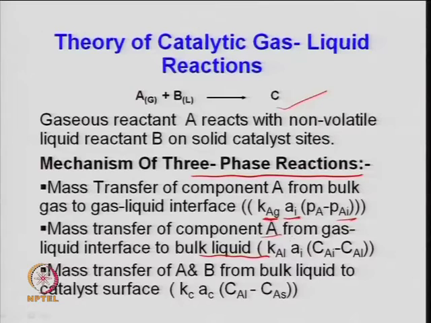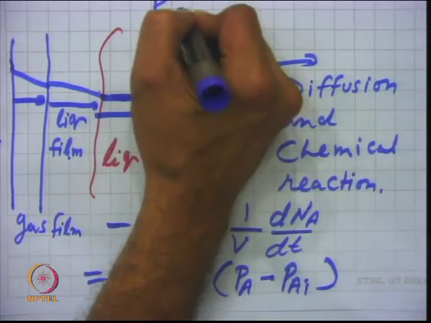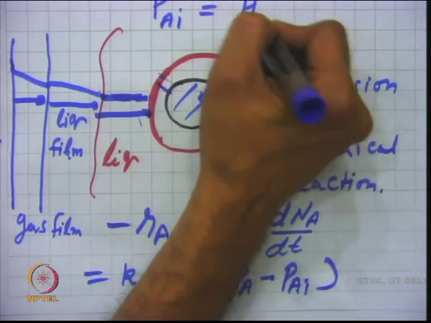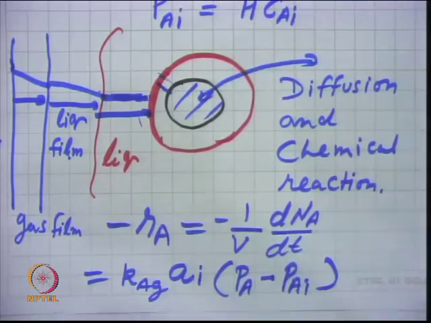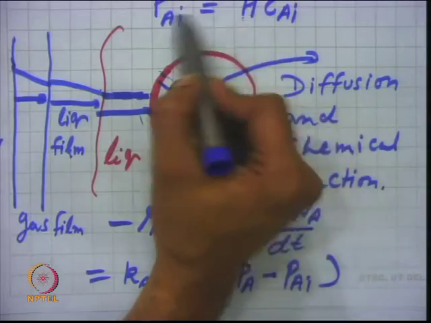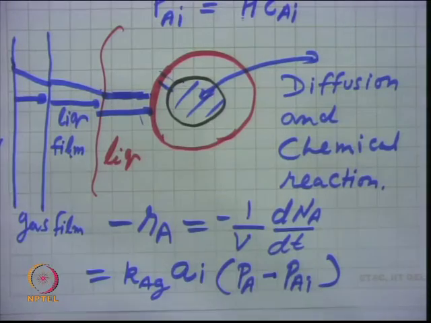So, K_AL is the mass transfer coefficient in that liquid film, a_I is again the same interfacial area, and C_AI is now the concentration of gas A at the interface, which can be related to P_AI by Henry's law: P_AI equals H_A times C_AI. That will decide, depending upon the solubility of the gas, the concentration of gas in the liquid, and you have to look accordingly at a good design or selection of a good contacting pattern.